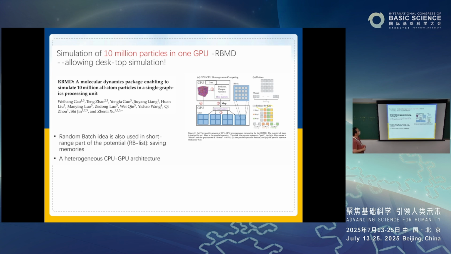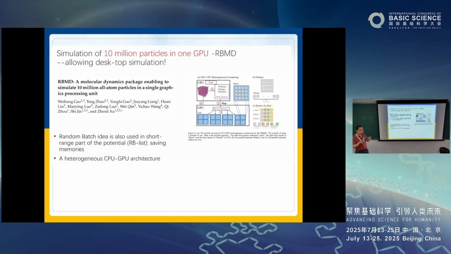And very recently, actually, for the first time, we are not only using the random batch for long range, we also use random batch for short range. And the first time in the world, we are able to simulate with one GPU 10 to the 7 particles, 10 million particles. Before, the record was 10 to the 6, 1 million, but now we can do 10 to the 7.